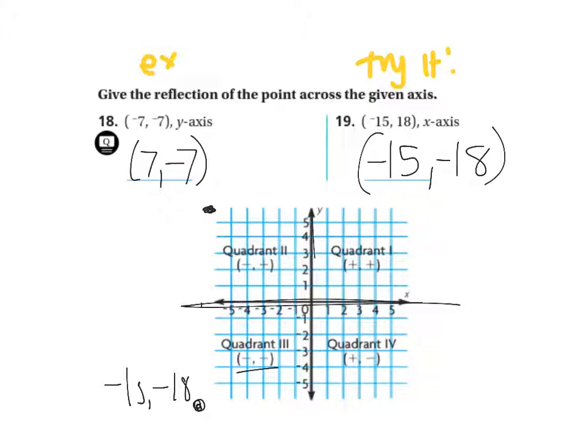Another way you could look at it is, if I'm reflecting across the x-axis, I want my x's to be the same sign and my y's to be opposites. Just like on this one, we wanted our y's to be the same sign, our x's to be opposites.